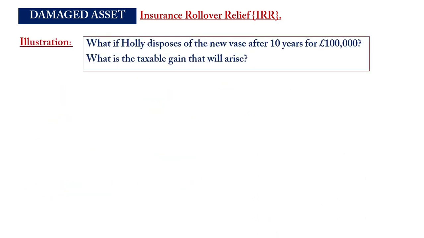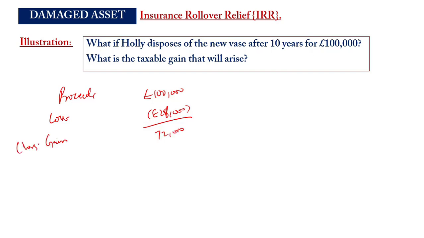Now the question is saying that Holly has disposed of that new vase after 10 years for £100,000. So you're going to use the proceeds as 100,000 and then less the base cost of 28,000 instead of the 59,000. That will give us a chargeable gain of 72,000. And then we less the annual exempt amount of 6,000 from it. That will give us a taxable gain of 66,000.